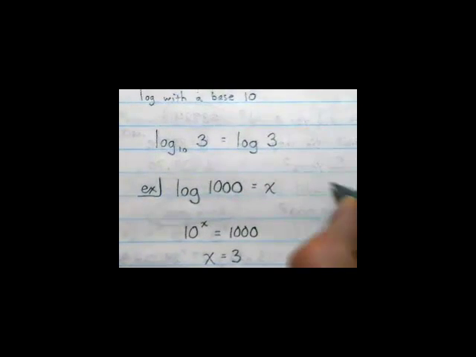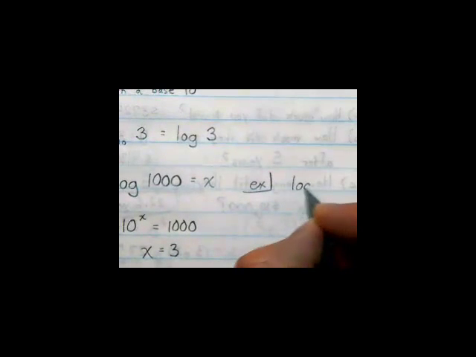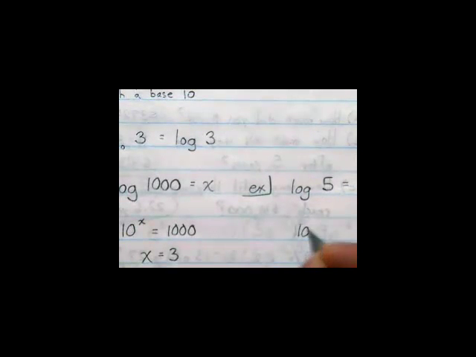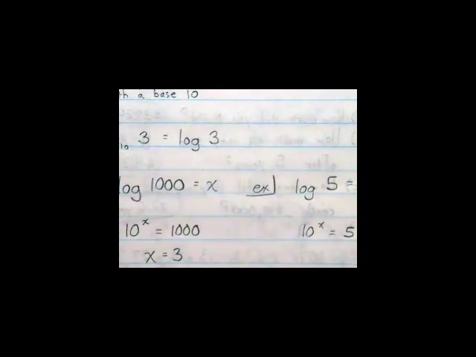Like if we had one that was, let's say I wanted to do log of 5. Okay? If I tried to do this same trick where I pulled it back into an exponential, it's base 10, 10 to the x equals 5. 10 to what power equals 5?